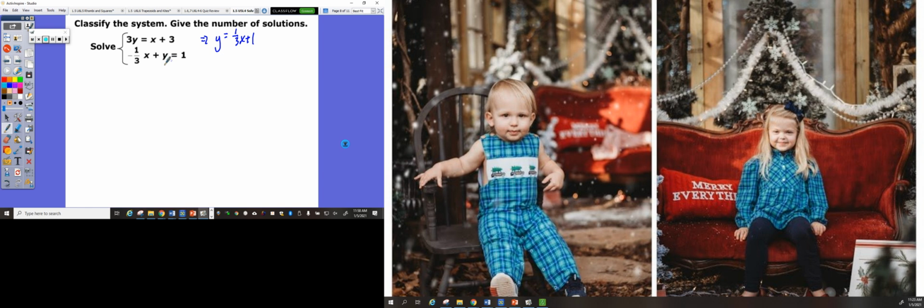If I took that and plugged it in down here, we would have negative 1 over 3x plus what y equals, which is 1 over 3x plus 1, and that equals 1. These two would eliminate. 1 equals 1, therefore I know I have an infinite number of solutions, and it's consistent. So either way you decide to do the explanation, it's fine with me. I want you to practice that because you'll have to do that on the quiz and the test.